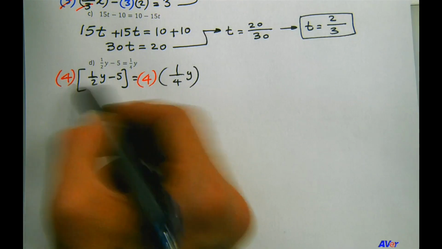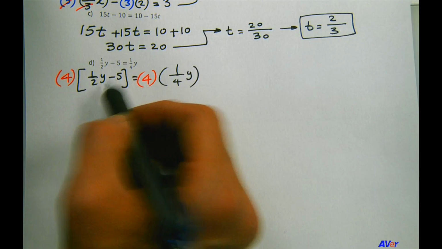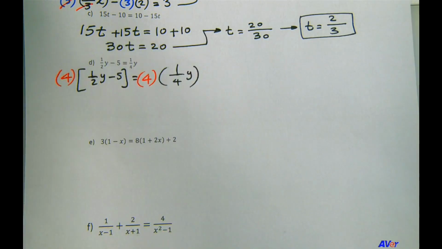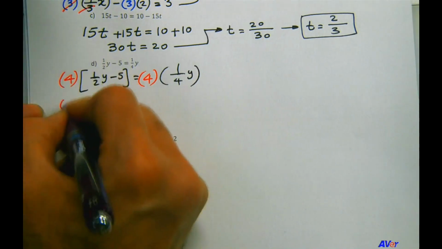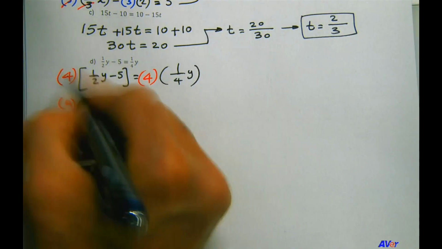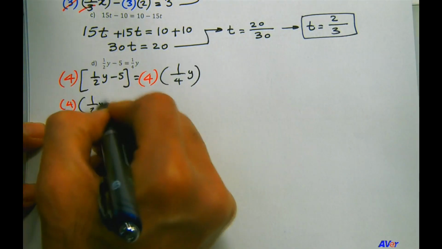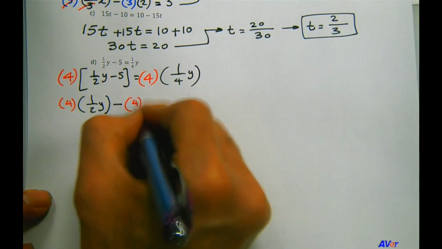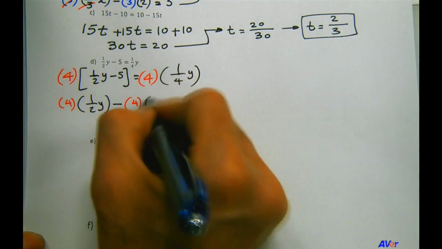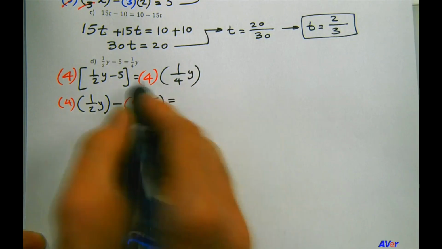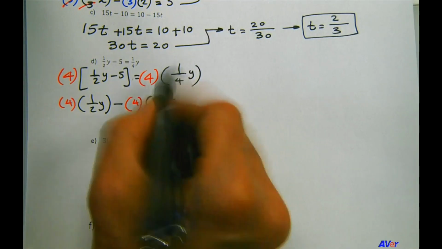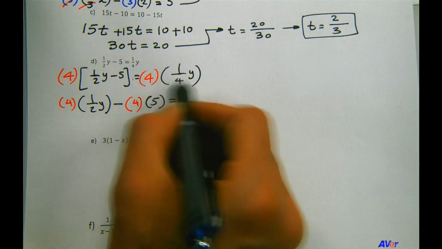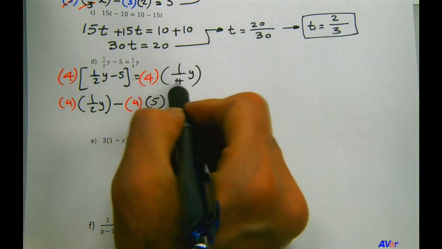So first distribute, then simplify, which is exactly what I'm going to do. So 4 times 1/2 y minus 4 times 5, right? And of course, on the right side, you have that. You can simplify that because it's just one term left anyway.